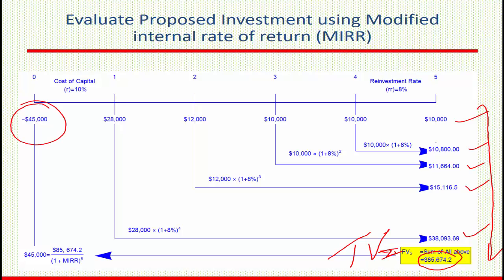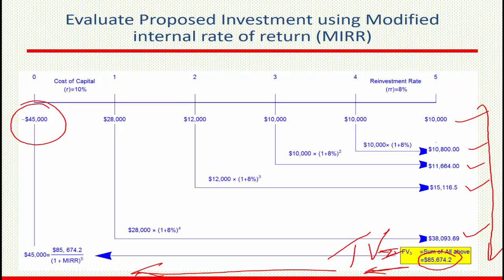Now the question comes, what rate of return makes, or let me put it the other way, what rate of discount makes that terminal value equal to the initial investment? That rate of discount is called the modified internal rate of return.